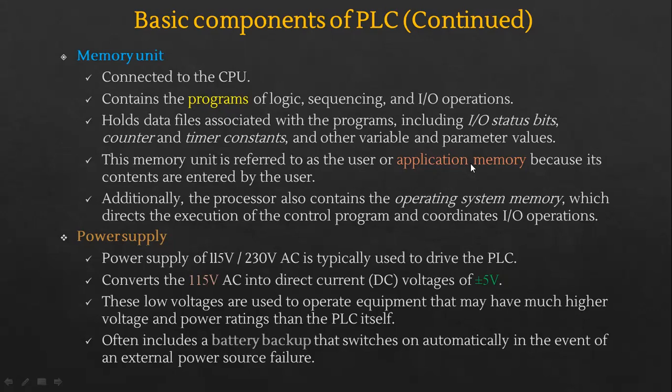Additionally, the processor also contains the operating system memory. Apart from the application memory, you have operating system memory, which directs the execution of the control program and coordinates input output operations.